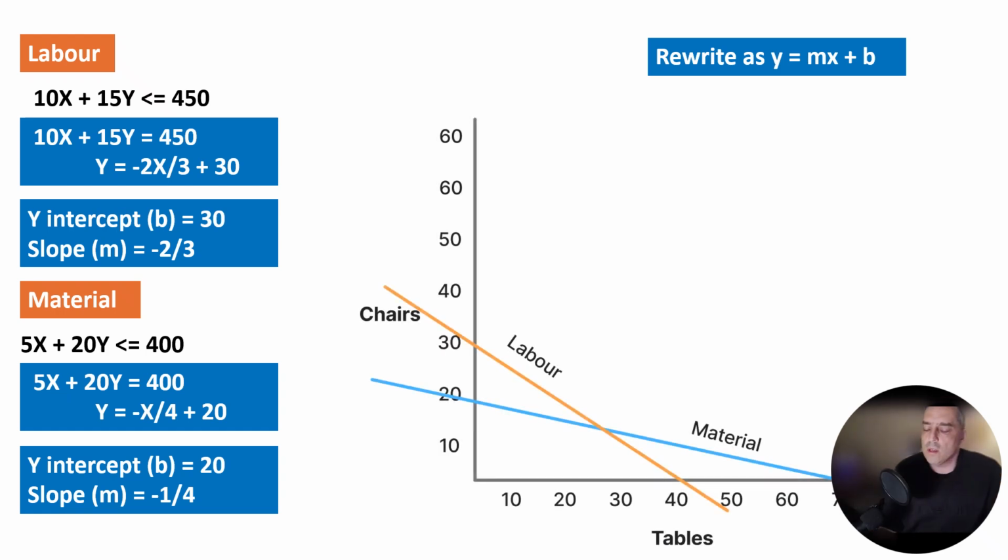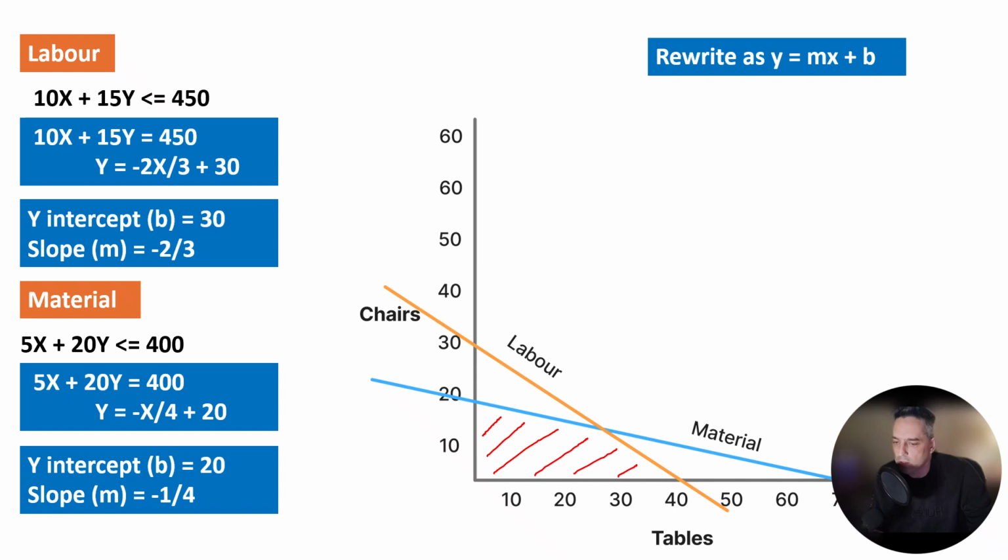Showing this on a graph gives us 2 lines. These are the inequality constraints that we developed, labor and material, and because of these constraints, the only area where we can maximize profits is this area right here. Somewhere in this area is where we maximize our profit, because it's bounded by these various constraints.